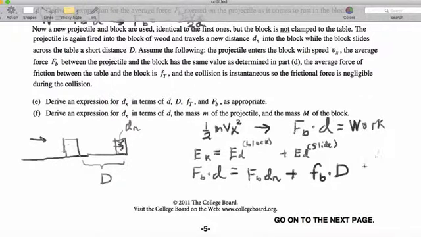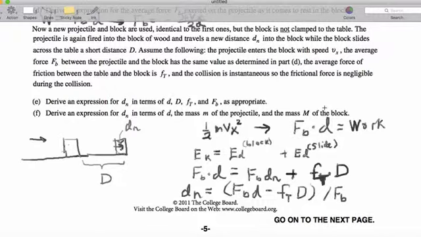With all that in mind, I can isolate my expression for the embedding distance as equal to Fb times d minus Ff times this capital distance D, all over Fb. All right, so that's part E, and let's move on to part F.